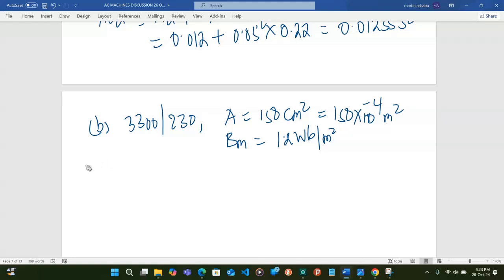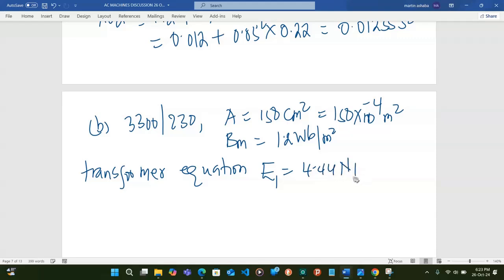So according to the transformer equation, the rated RMS for the primary side is always equal to 4.44 times N1, which is the number of turns, times the frequency, times the maximum flux density, times area.